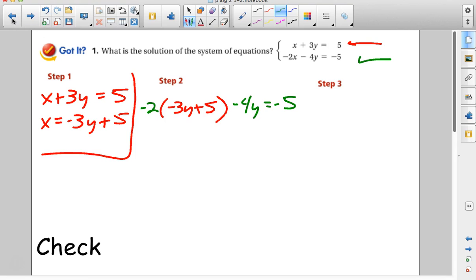I know how to solve this stuff. So we distribute carefully. Negative 2 times negative 3y is 6y. Negative 2 times 5 is negative 10. Go ahead and combine some like terms over here. A little three-stepper. That's what we're doing.